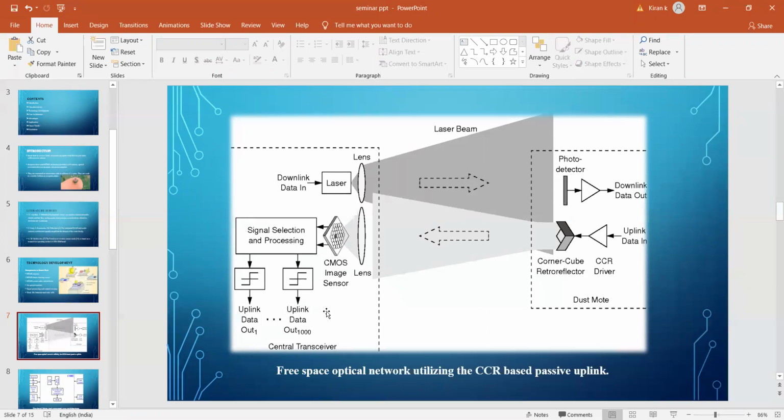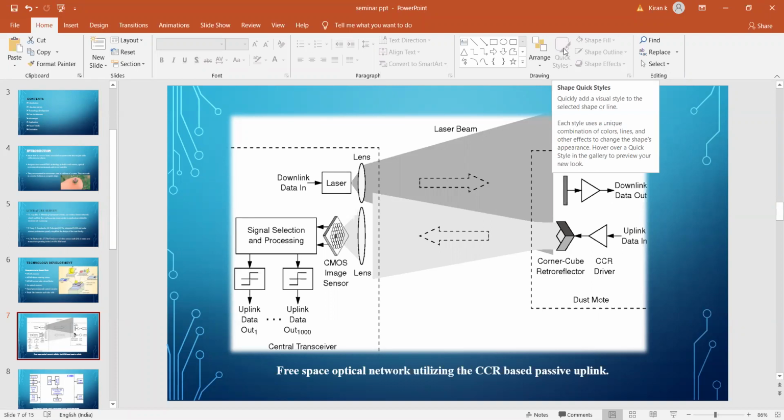The base station transceiver contains a laser whose beam illuminates an area containing Smart Dust. This beam can be modulated with downlink data. When the illuminating beam is not modulated, the Smart Dust can use its corner cube retroreflector to transmit uplink data back to the base station.